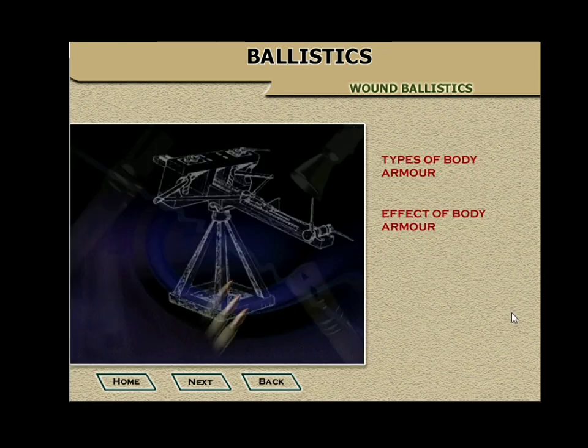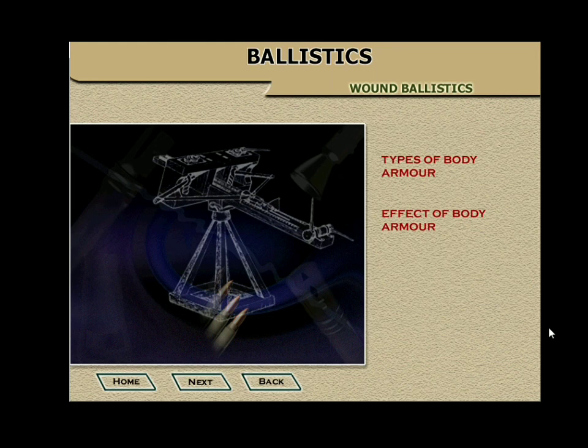Body armor. The idea of body armor has been with man since the earliest of times. In modern life, there is a requirement for lightweight armors capable of stopping high velocity shot. The armor used must resist penetration of the projectile and also dissipate most of the kinetic energy of the shot.